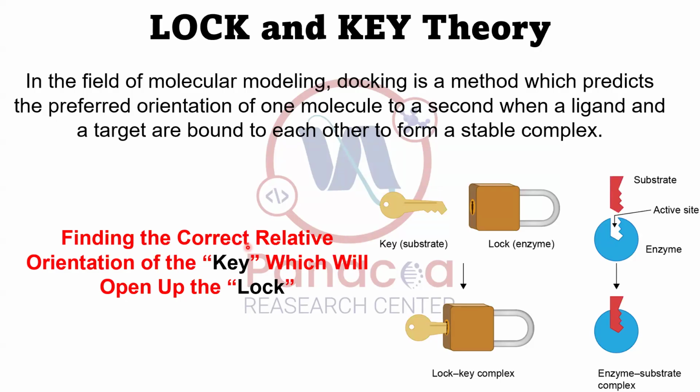So if we rotate the key in a perfect orientation, only then can we unlock the lock, right? In the case of a protein or enzyme, we have to bind our ligand or substrate to the exact active site or binding site to facilitate its biological activity.